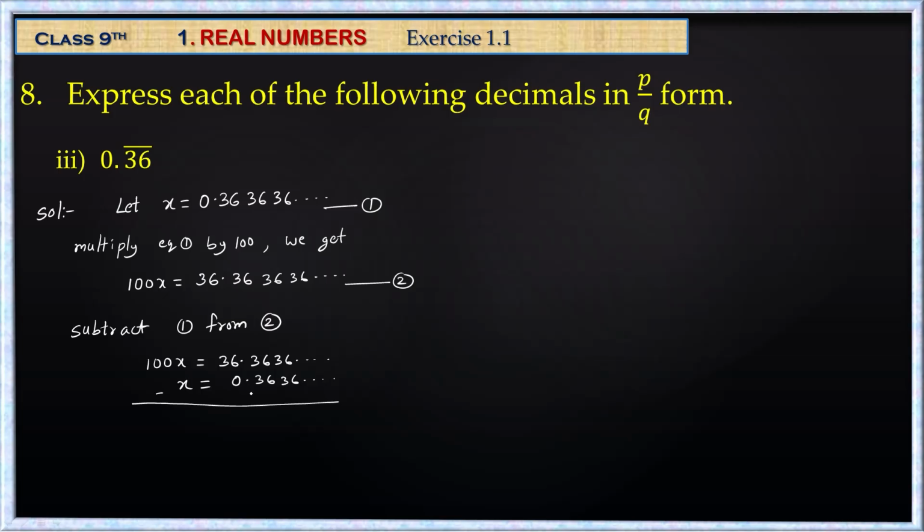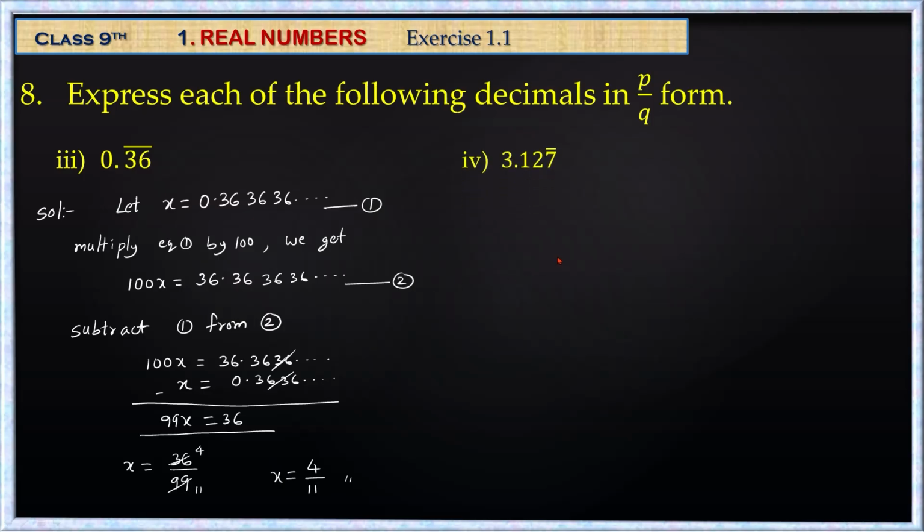And by subtracting, the decimal part will be cancelled. 100x minus x is 99x is equal to 36. Now x is equal to 36 by 99. We can further cancel it in the 9 table. 9 4s are 36, 9 11s are 99. So x is equal to 4 by 11. This is the answer.